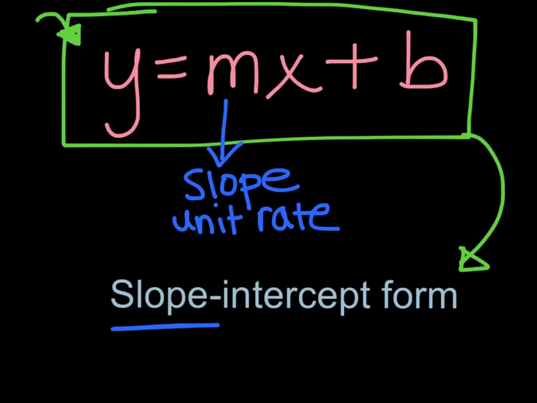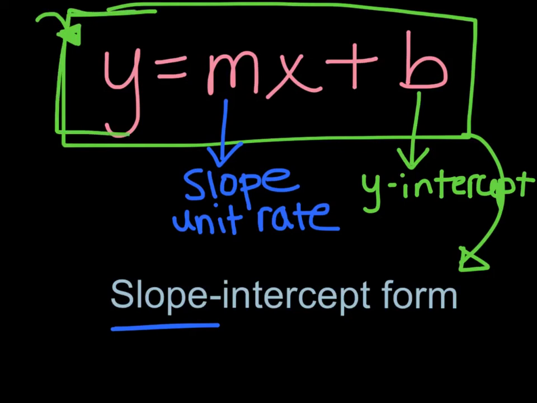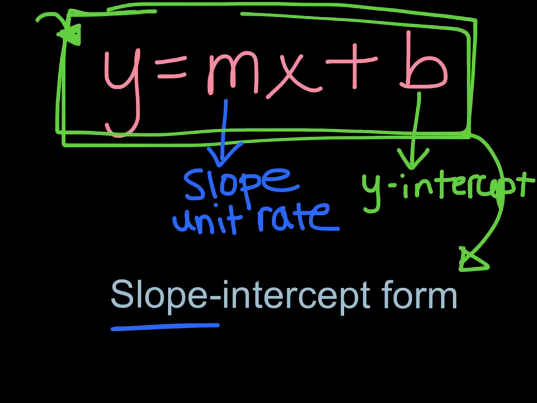And then the b part, we know that that b gives us one of the coordinates of the y-intercept. So that's why it's called intercept. So again, the b is the y-intercept. So that's why any equation written in this form is called slope-intercept form. Slope from the slope here, intercept from the intercept.